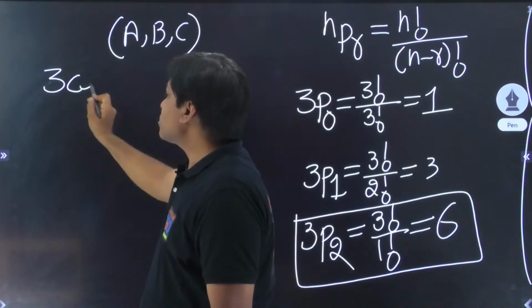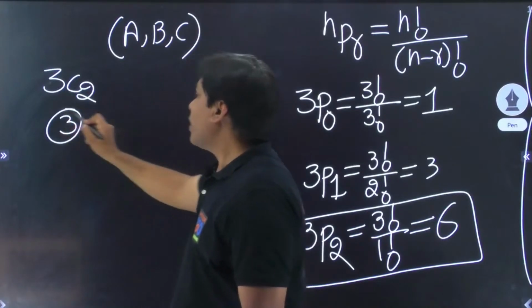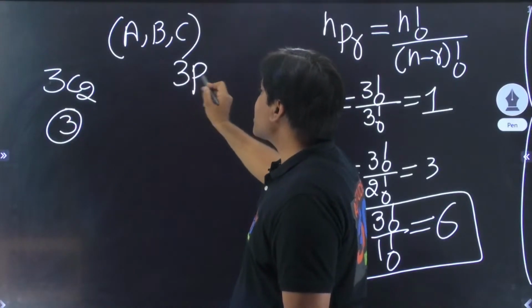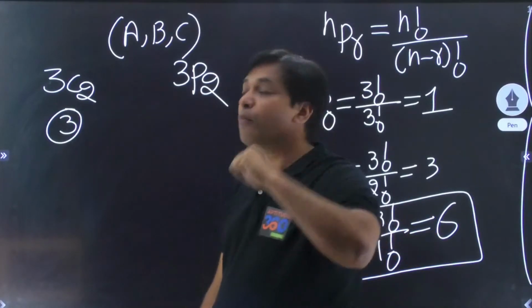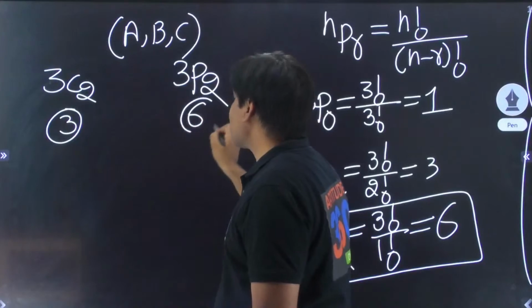My 3C2 says this is 3. Whereas when I have to do the selection and arrangement of 2 items out of 3 items, in how many ways can it be done? It can be done in 6 ways.